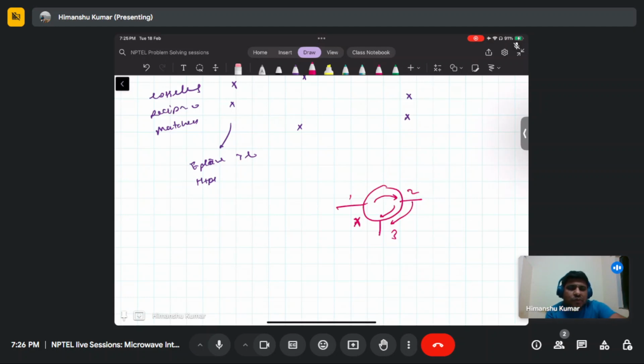Suppose you want to do transmission and receiving with the same antenna. Let's say you connect the antenna with port two, which is radiating and also receiving. The received power gets into port two, and the transmitted power is fed to port one, goes to port two and passes to the antenna.